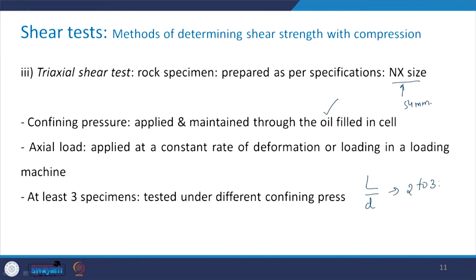So, in that case we do not have much choice. If we want to test, let us say, 10 specimens, but we are not able to get those 10 specimens as per these specifications, then at least 3 specimens are required, which should be tested under different confining pressures.